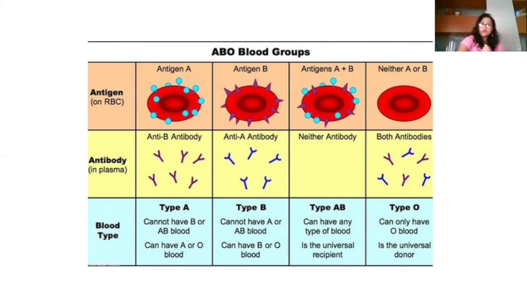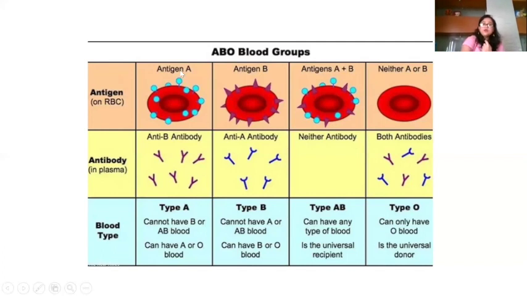Now, all of you have understood what these blood types or blood groupings mean. Next thing we need to understand is why a blood group A person can't give blood to a person who has blood group B. So as I said, just observe this here.